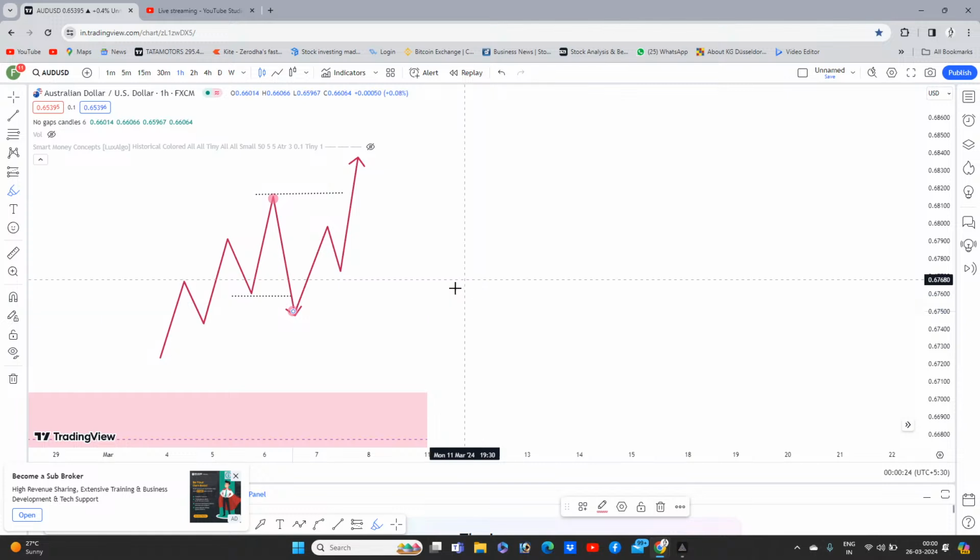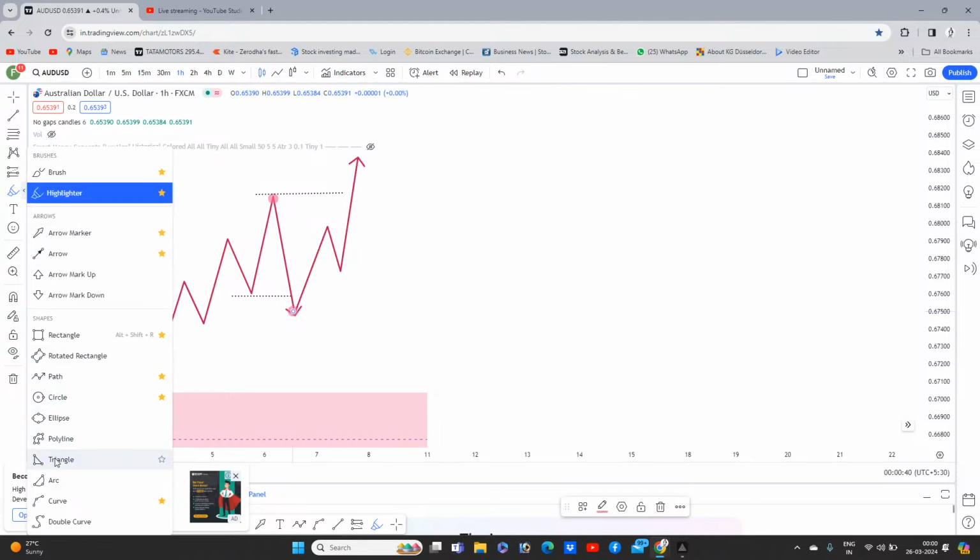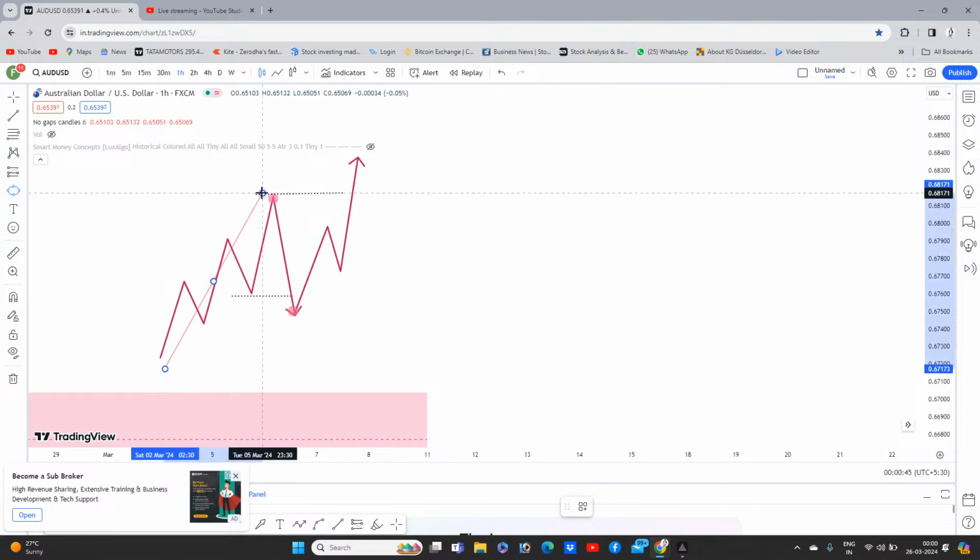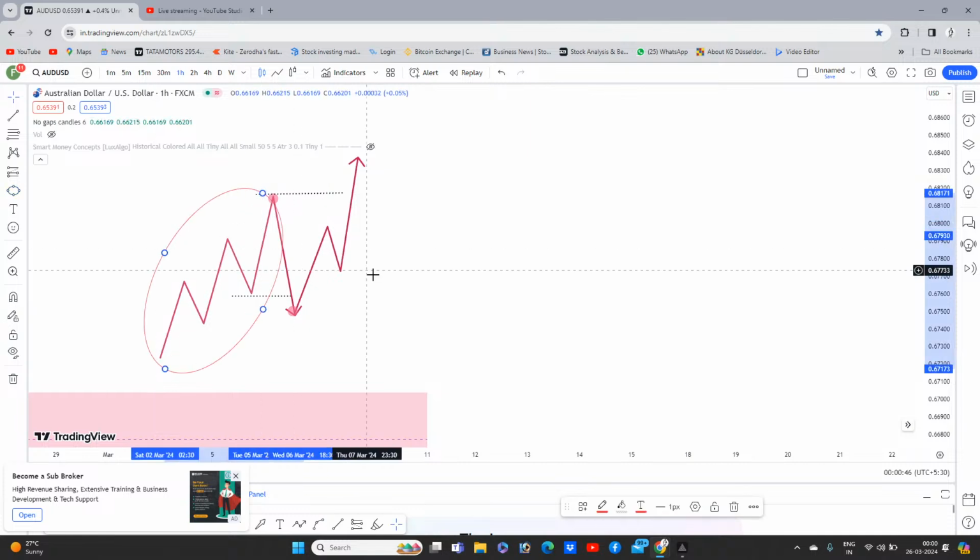I hope you are getting my point, where the market is creating a higher high and where it is creating a higher low. This structure which is being formed here is an uptrend structure, right? Great. But how do we identify whether we are in an uptrend? How do we identify that we are not in a downtrend?